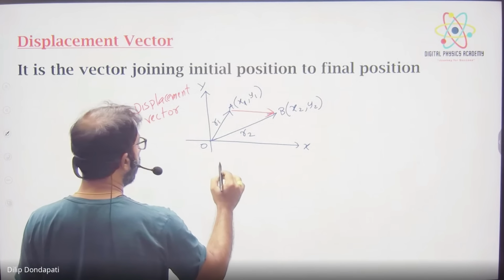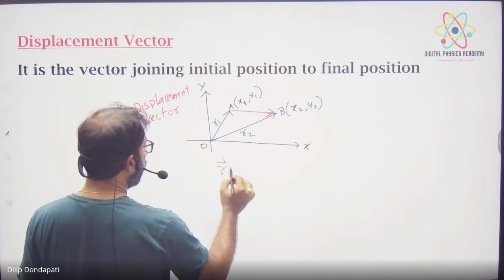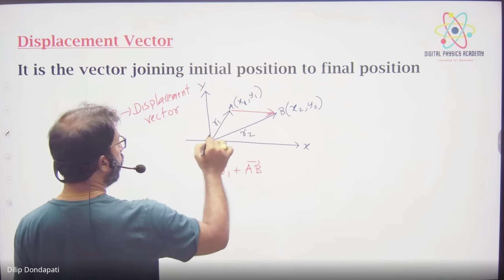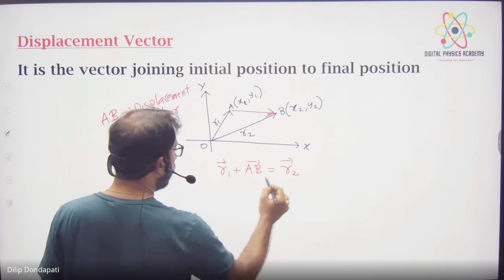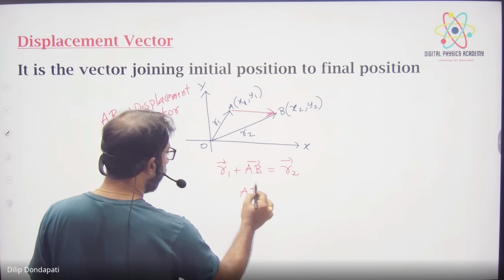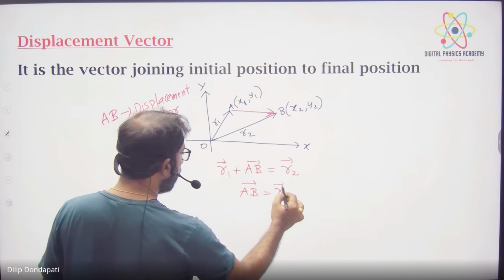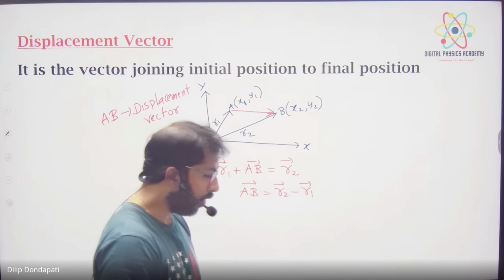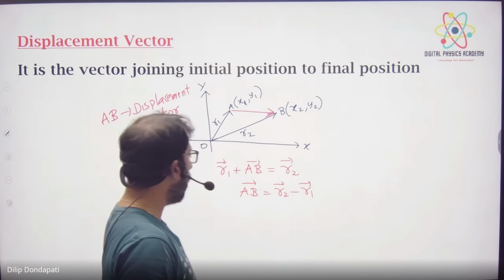So use the triangle law: r1 vector plus AB vector, two vectors in the same direction, the resultant vector is r2 vector. Therefore AB vector is r2 vector minus r1 vector. This is the displacement vector. So final minus initial we always have to do.